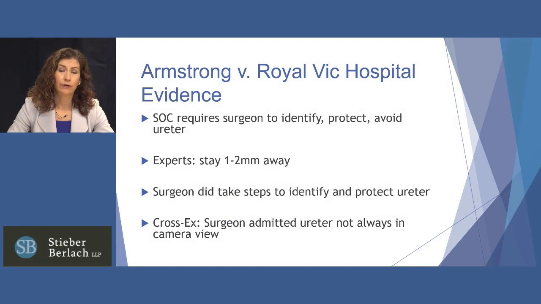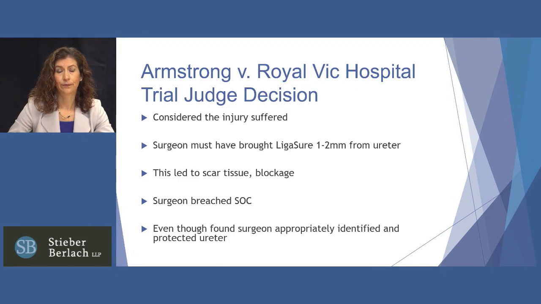The experts all agreed that you need to stay 1 to 2 millimeters away from the ureter to avoid any damage. And in fact, the surgeon testified at trial, I did take steps to identify and protect the ureter. He admitted on cross-examination that from time to time, the ureter wasn't always in the view of the laparoscopic camera.